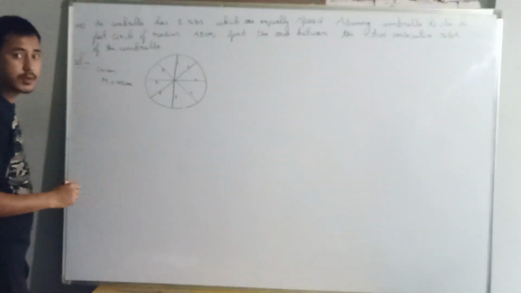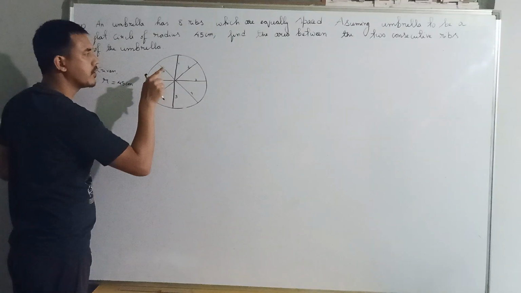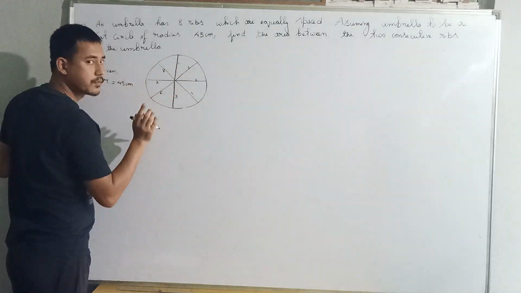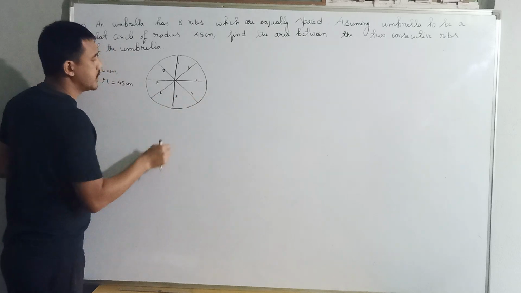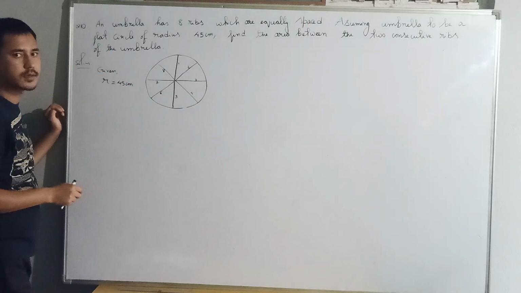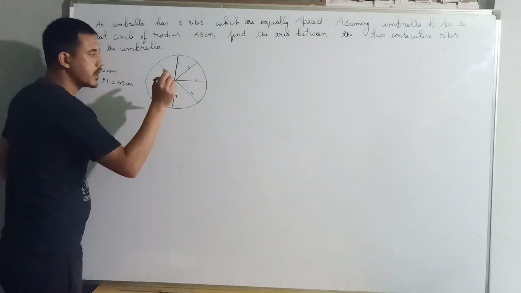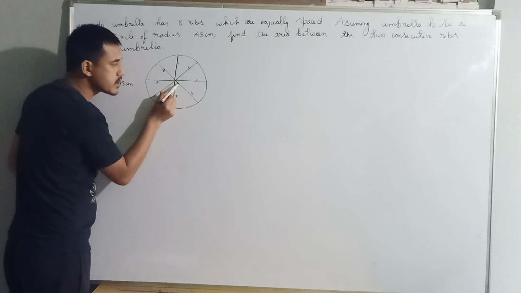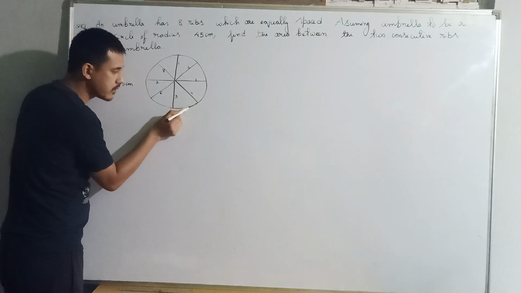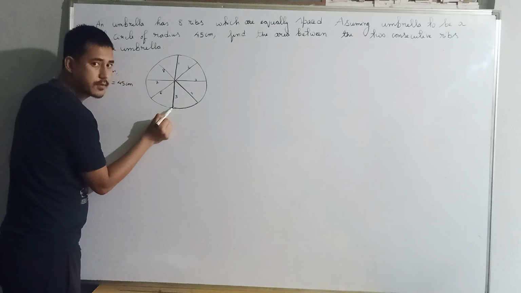Find the area between two consecutive ribs. Consecutive ribs means find the area between the ribs 1 and 2. Maybe 2 and 3, 4 and 5, 7, 8. So you see, area between any two consecutive ribs is a sector. Sector means what?